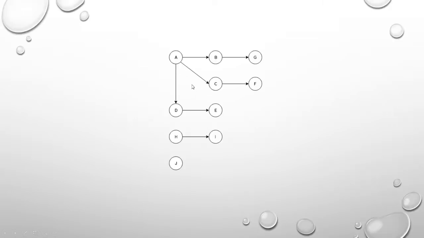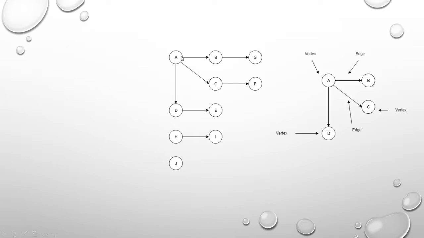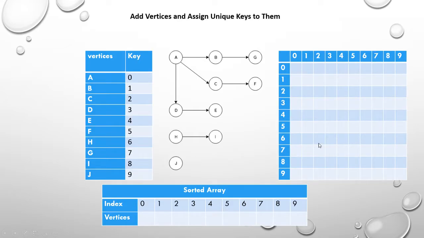So these are sample problems: A, B, C, D, E, F, G, H, I, J. These are the vertices, these are edges, and as you can see we have A which is depended on by B, and G is depending on B, F is depending on C, and so on, but some of the elements are free.